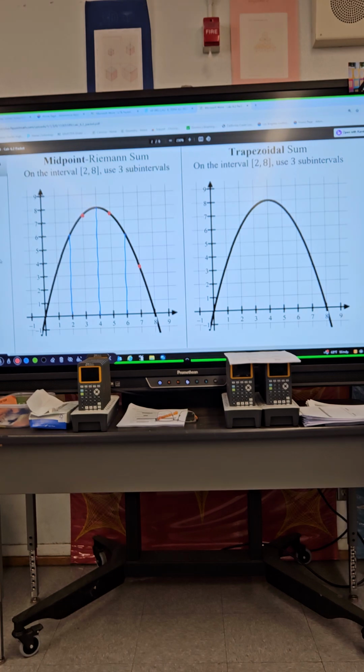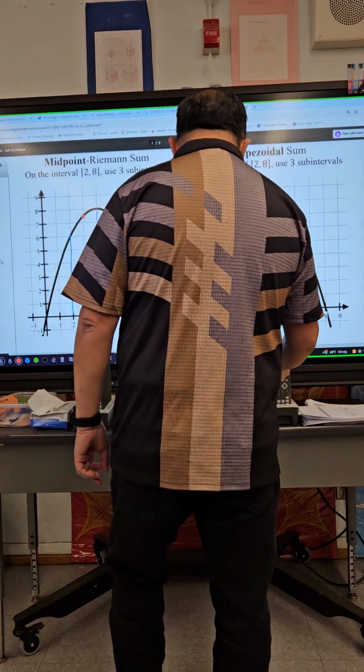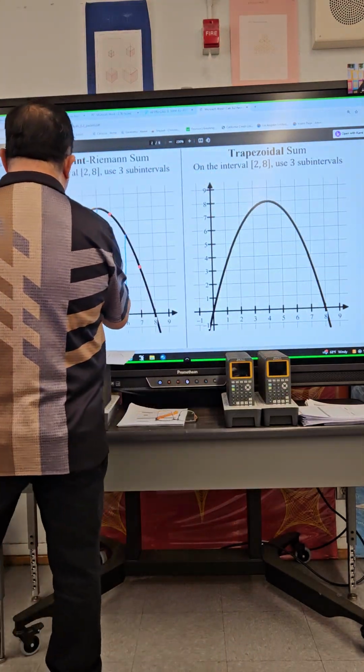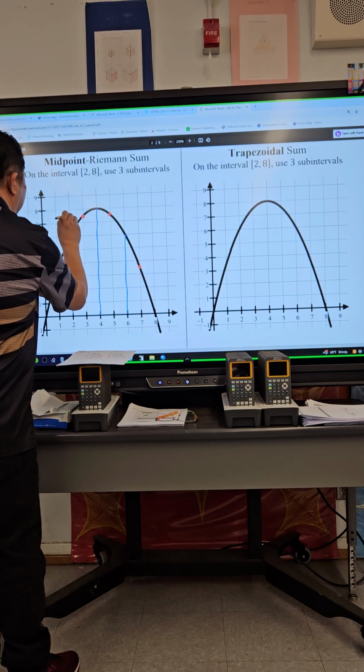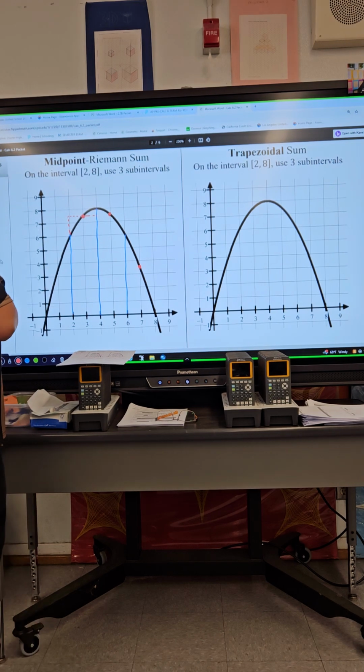Okay. In this case, after we do midpoint, we're gonna have to make a rectangle again. Get me? A rectangle. So, how do we do the first rectangle? We're gonna have it here as the first rectangle. So, that means we are adding this. Okay? How about the second rectangle?